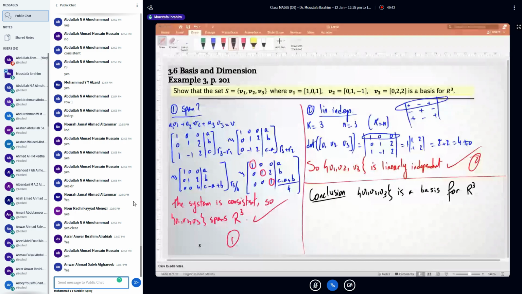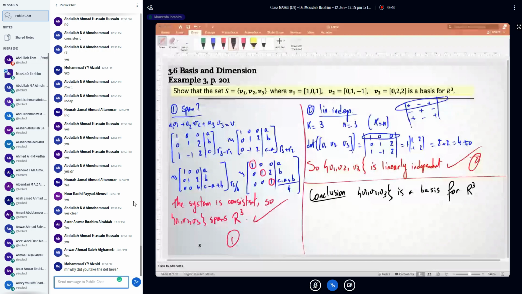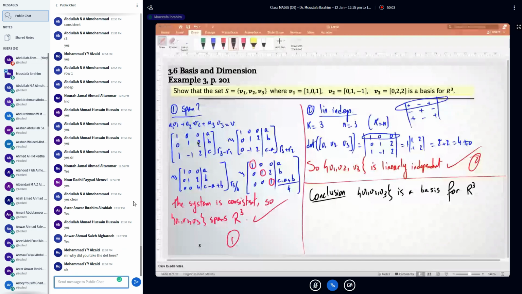Very good. Easier than making REF, because here also we have the number of vectors equal to dimension. Okay? Determinant sometimes is easier.